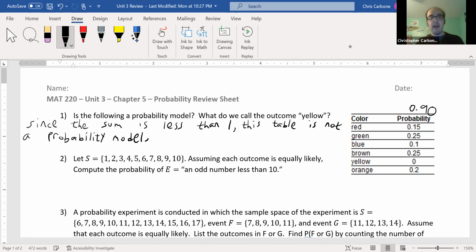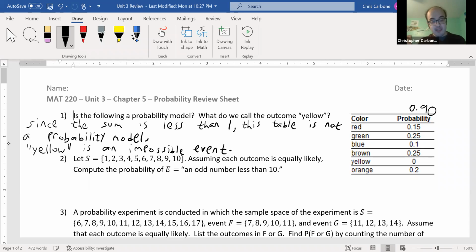And then what do we call the outcome yellow? Well, that's a probability of 0. So yellow, I'll put that in quotation marks to highlight what that is. That's the event in this case. Yellow is an impossible event, since its probability is 0.